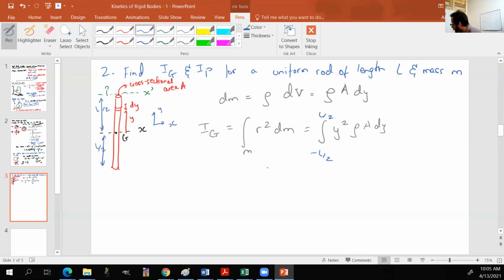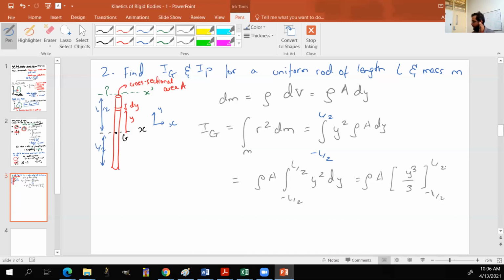Right? So do the same thing, bring the constants out. Rho A, minus L over 2 to L over 2, y squared dy. So what's the integral of y squared? Y cubed over 3. That's right. And this is going from minus L over 2 to L over 2, right?